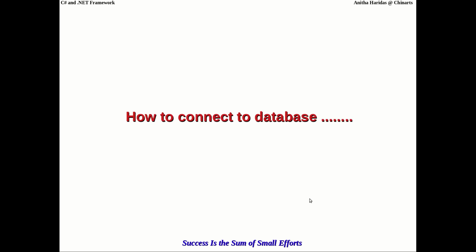Now the question is, if I want my application to save the data or to communicate with the database, how do you connect it? So you have your C# language .NET application.